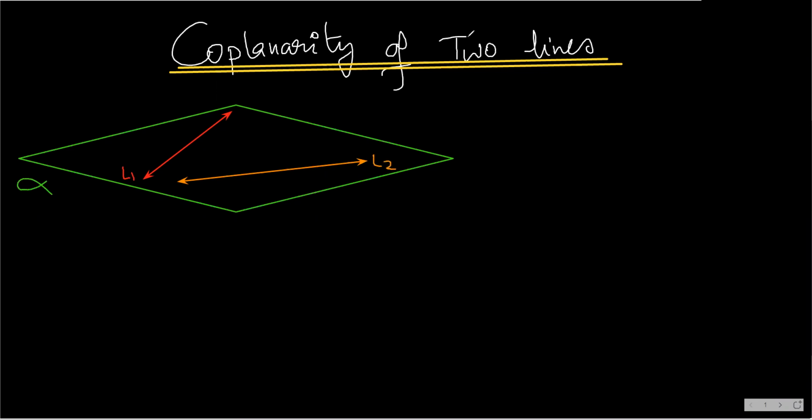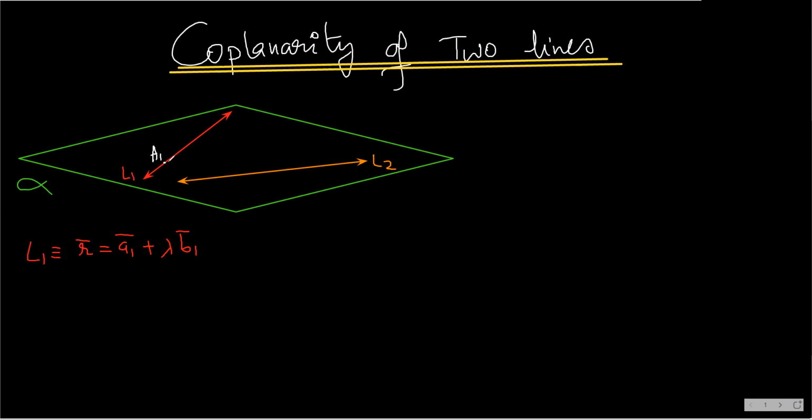I write the equation of line L1. Line L1 has equation, as you all know, R bar is equal to A1 bar plus lambda B1 bar. What is A1 bar? On line L1, there is a point, which is A1.